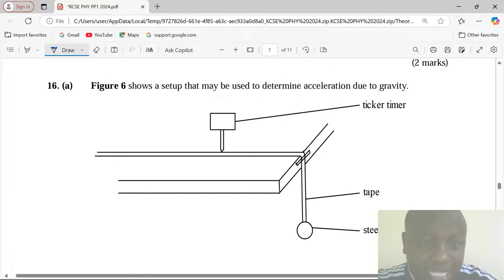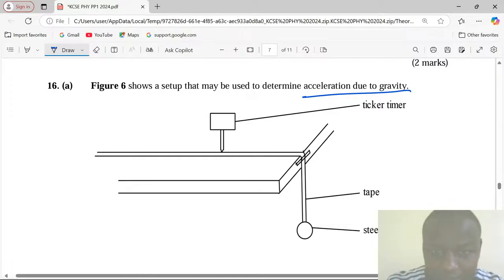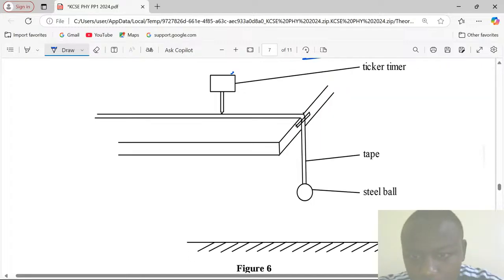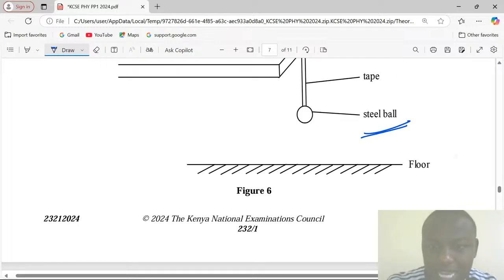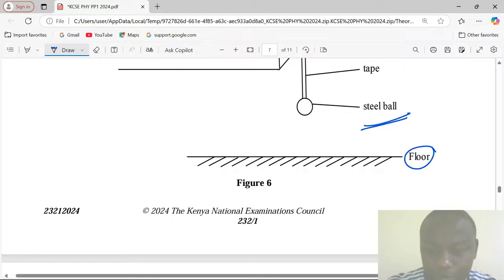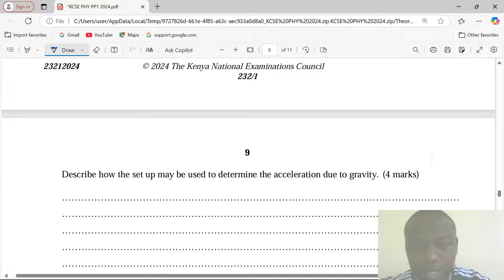Now there is a figure 6 which is showing a setup that may be used to determine acceleration due to gravity. We can see the ticker timer shown there. We can see a tape and a steel ball. Then there is the ground at this point, or rather the floor.